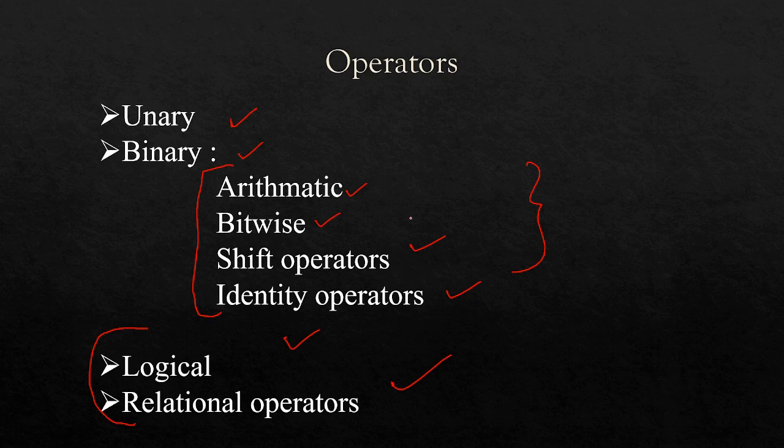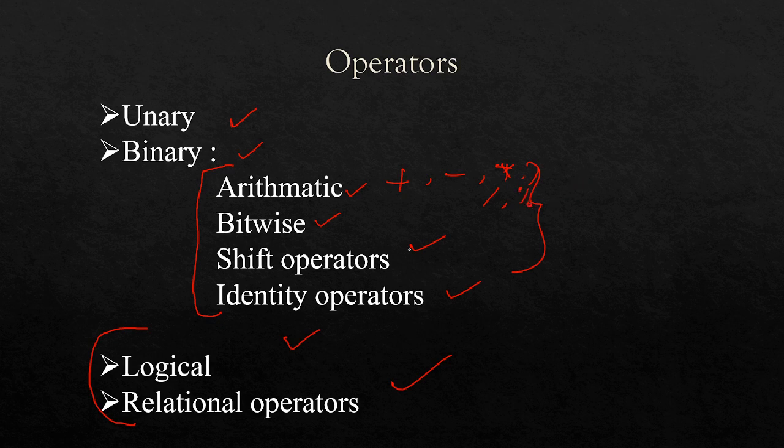Okay, so this is just the theoretical part. You can take the notes from here. What are the operators? We will use all these operators in coding, like plus, minus, multiplication, division, slash, modular division, percentage sign.